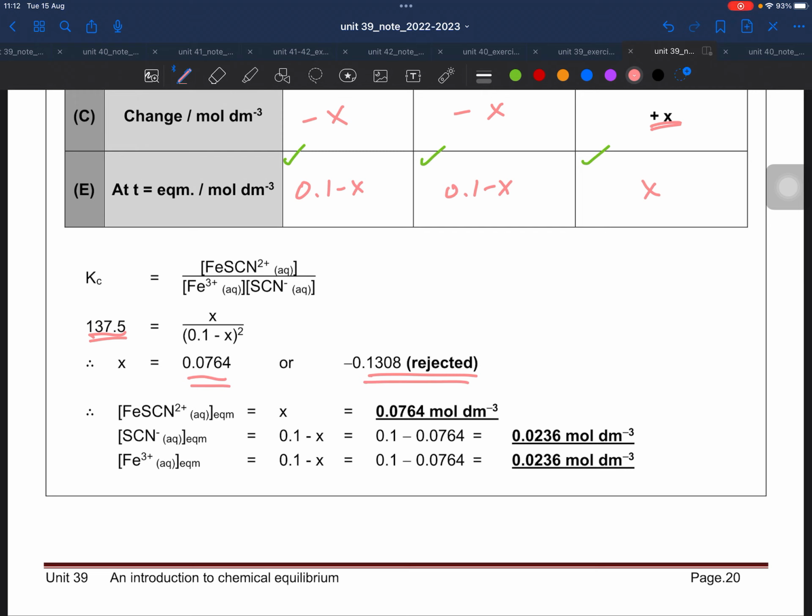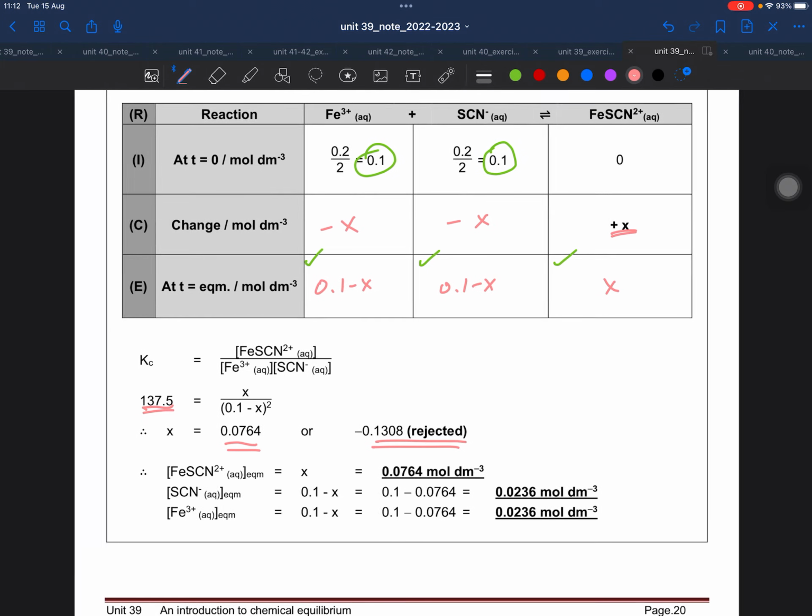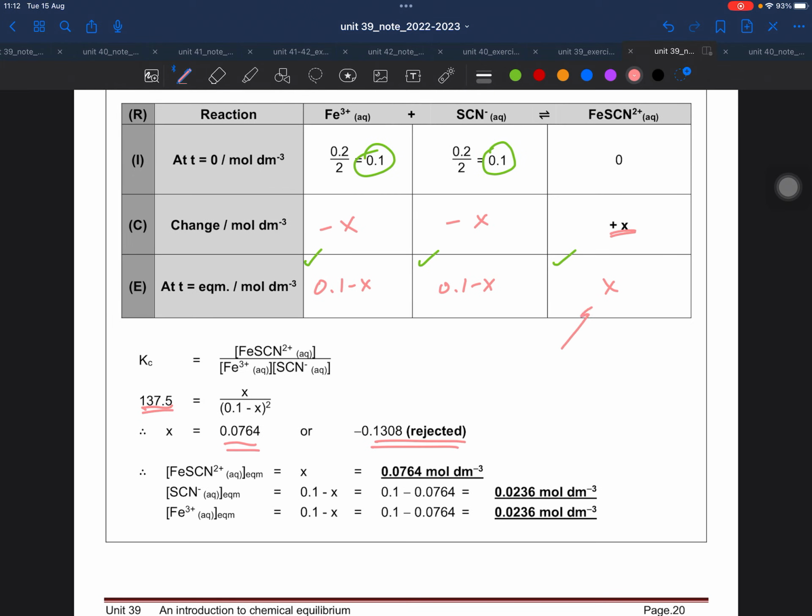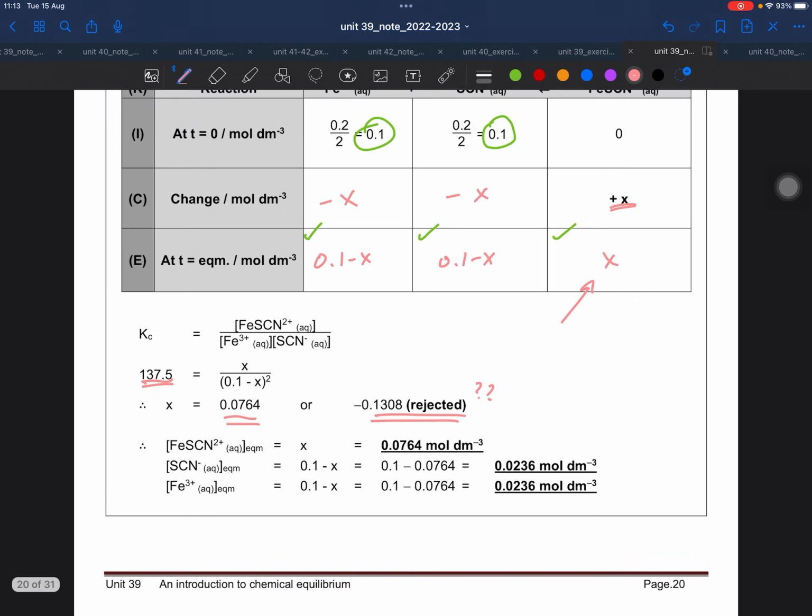And it is your job to determine which one should be rejected. Because here is the value of x, there is no point in having a negative value of x, right? So the negative value should be rejected. This may be the basic point.